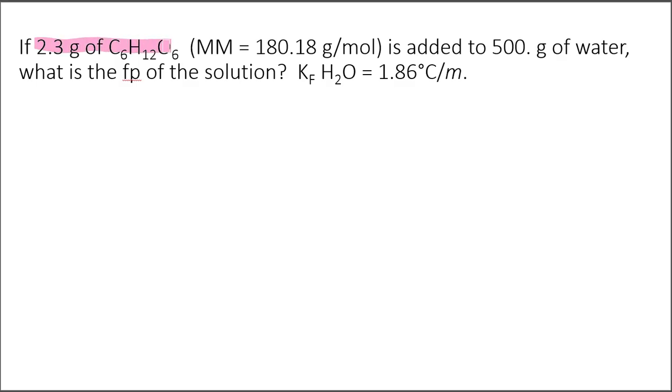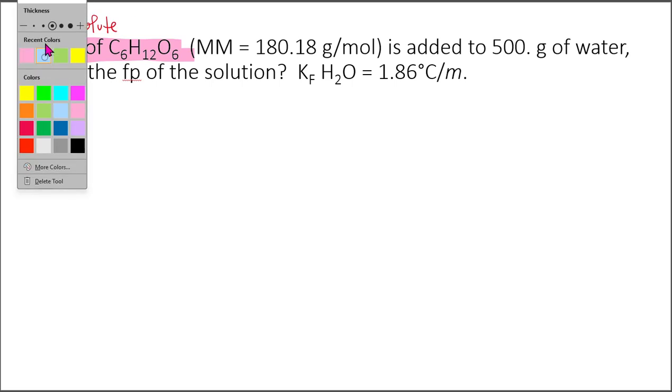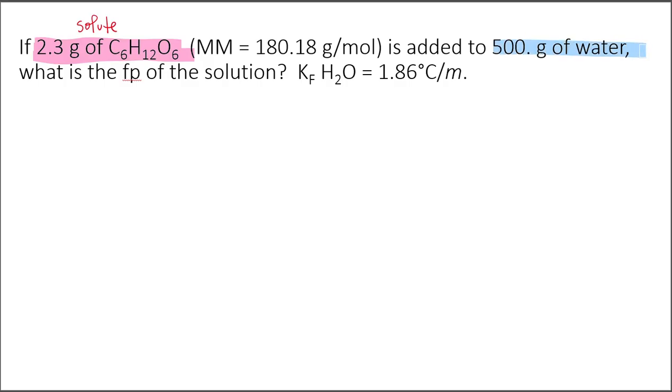We have 2.3 grams of the solute, and we are adding it to 500 grams of water, which is the solvent. We know the freezing point depression constant for water is 1.86 degrees Celsius per molal.